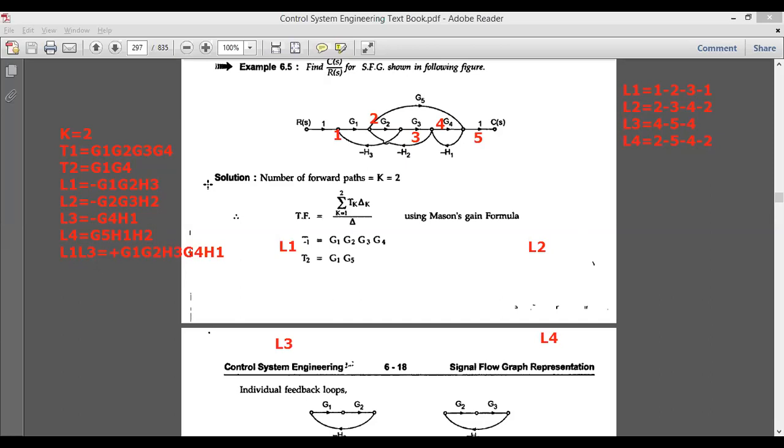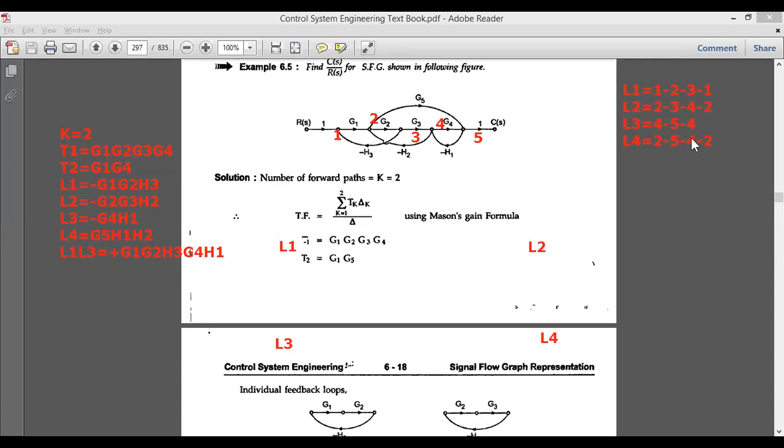Similarly, go for comparison of L2 and L3. If you compare L2 and L3, 4 is repeating, so I cannot take L2 and L3 as non-touching loops. Compare L2 and L4, again number 2 is repeating, number 4 is repeating, so I cannot take L2 and L4 as non-touching loops. Then compare L3 and L4.